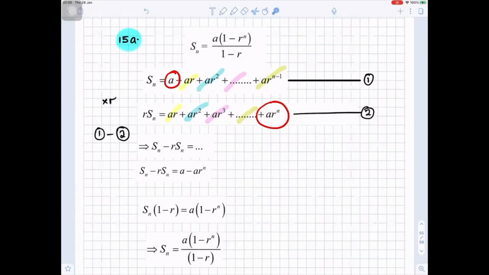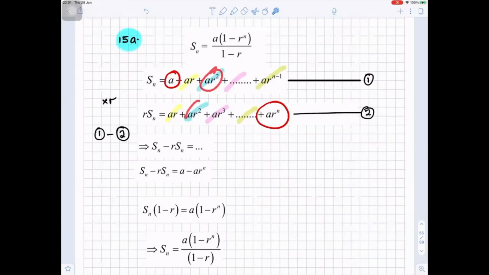Now you've got two equations, equation 1 and 2. Equation 1 take away 2, so Sn take away rSn. What will happen is the ar will minus the ar, which is 0.